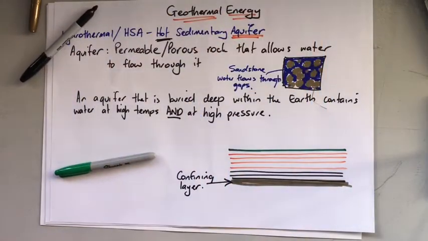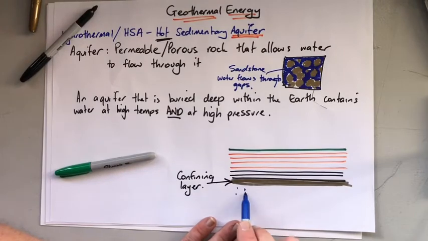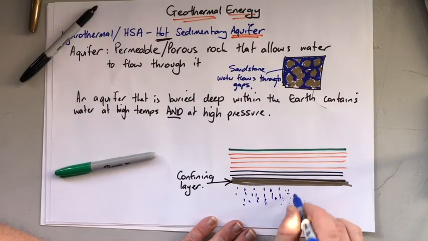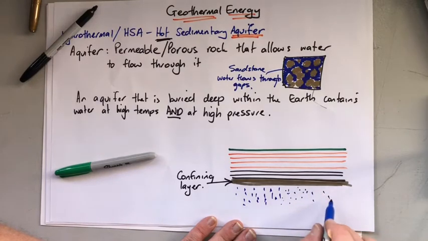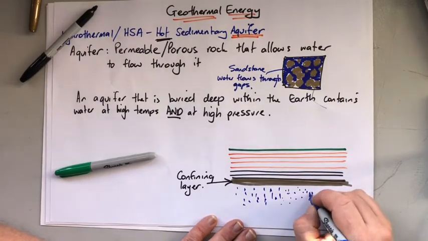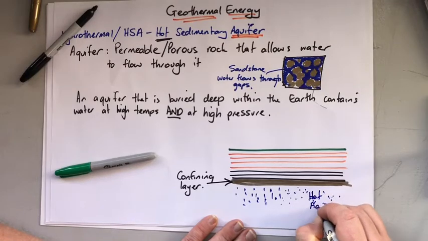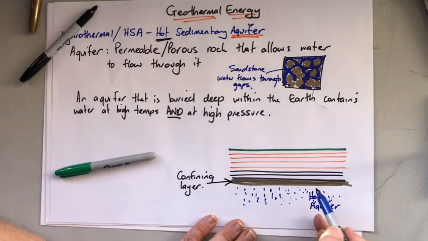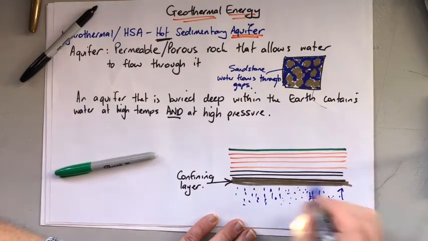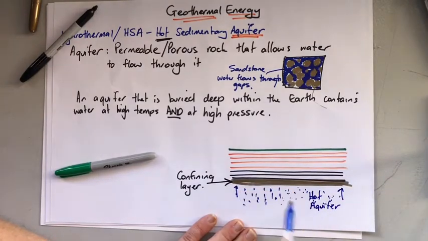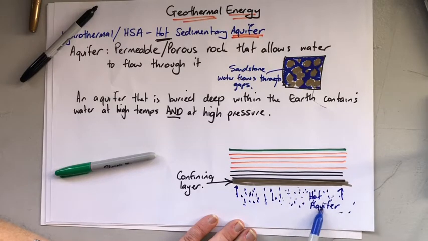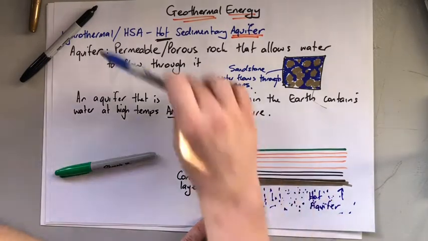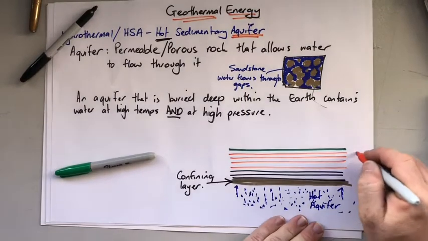And then underneath that, we're going to have our aquifer. I'm going to draw it with these little dots here, and they're going to represent all of the little droplets of water that's stored within the rock. Hot aquifer. Now the confining layer is really important because it stops the water migrating to the surface, which allows it to stay down here at depth, getting really, really hot. Why is it hot? Because of the geothermal gradient.